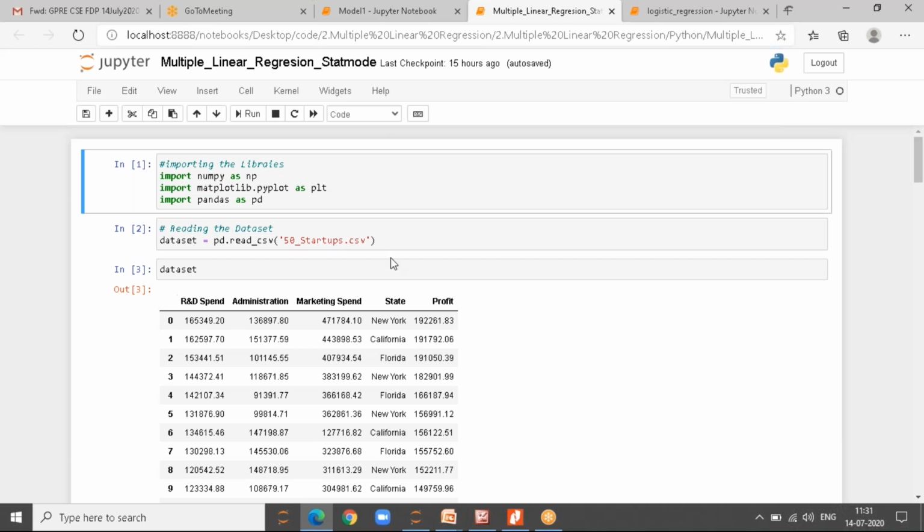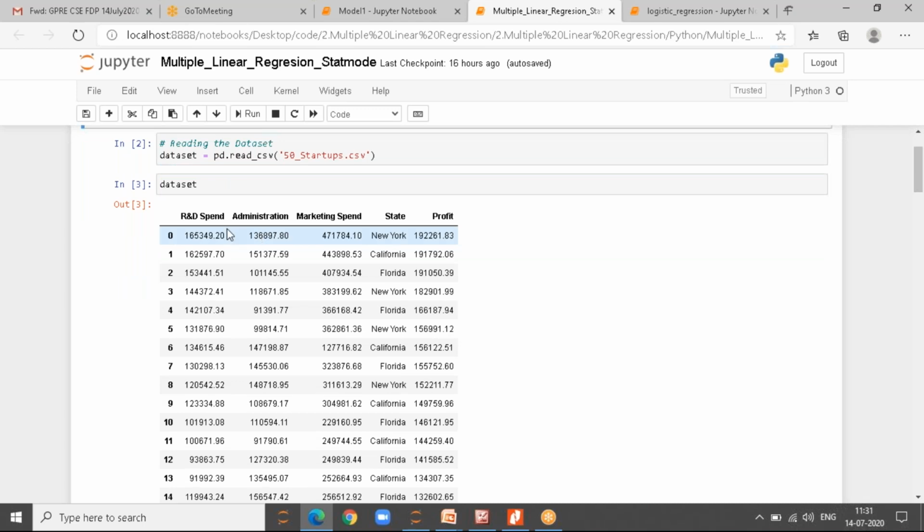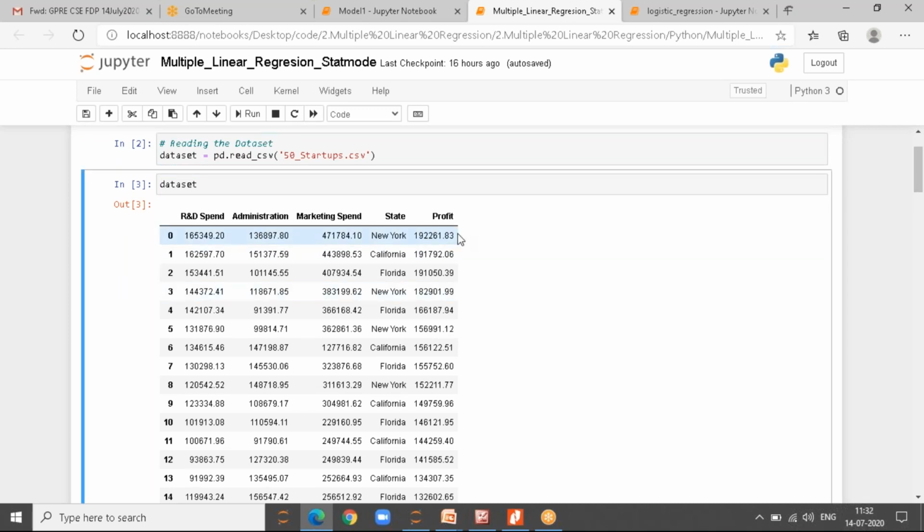So in order to understand what data it actually contains, I'm just printing my data set. When I print it, my data set looks like this with various attributes: R&D spend, administration, marketing, state, and profit. These are the feature names or attribute names. Here my intention is to find the profit that I will get on putting investments in various areas and sectors.